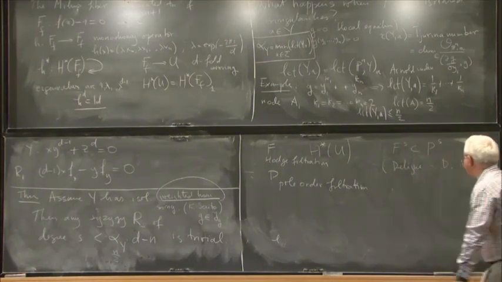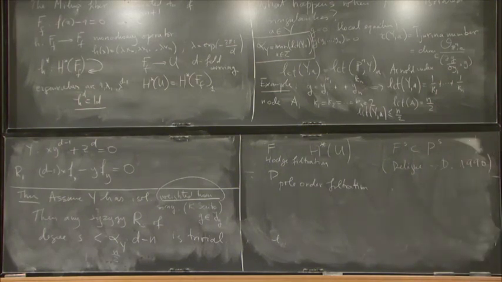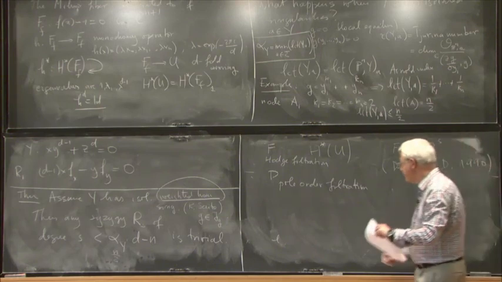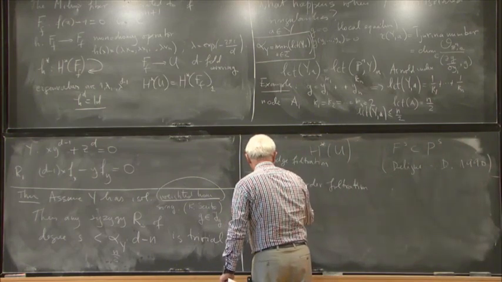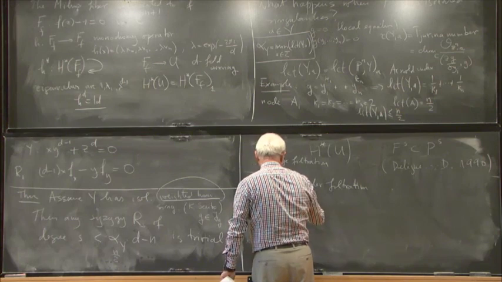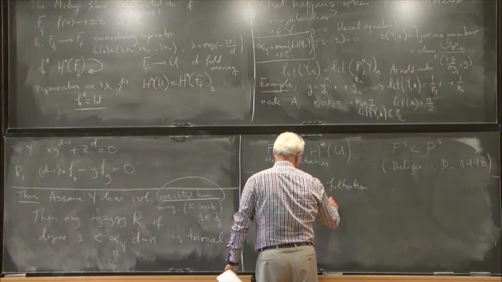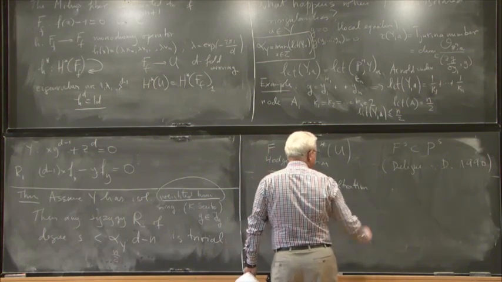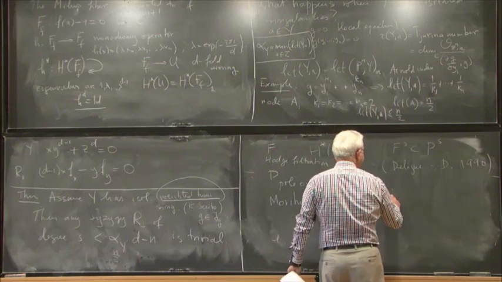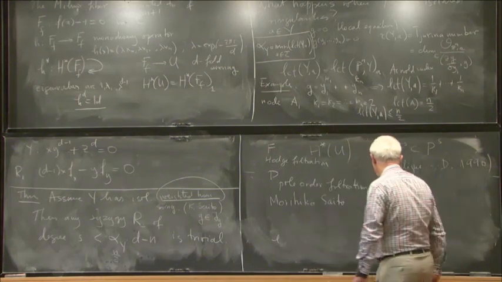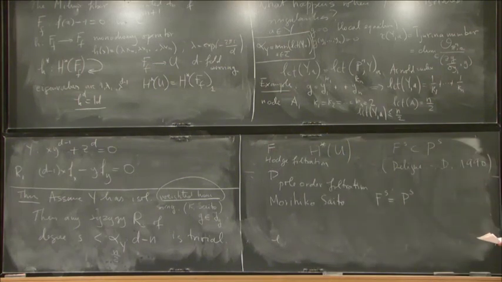And shortly after, in a paper, Morihiko Saito showed that in fact one has equality in some ranges.